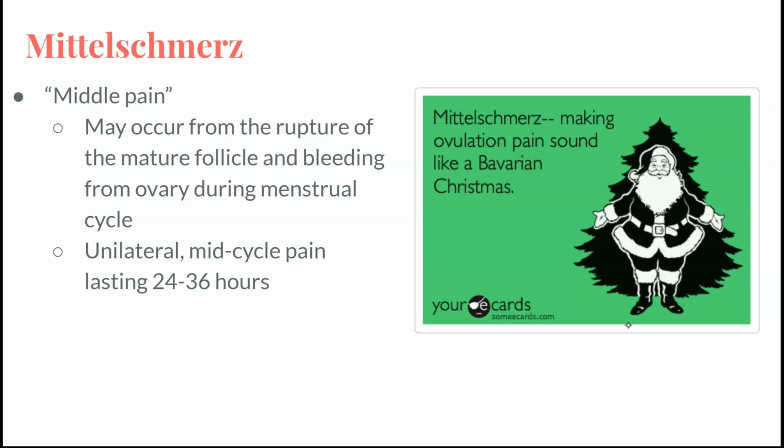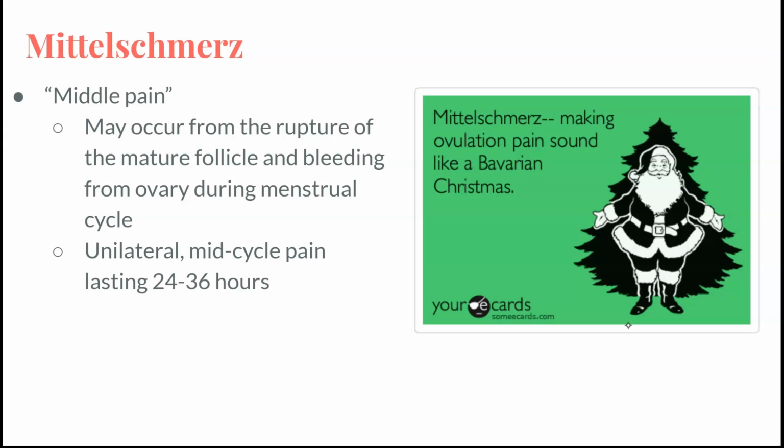My favorite German word, Mittelschmerz. Mittelschmerz means middle pain in German. It is a unilateral pain with possible bleeding that happens around mid-cycle, when the egg is released from the ovary. So basically it's a little ovulation pain.